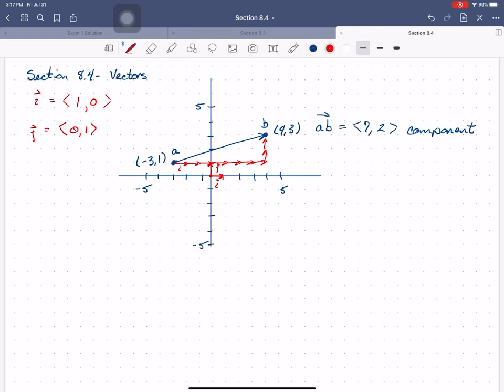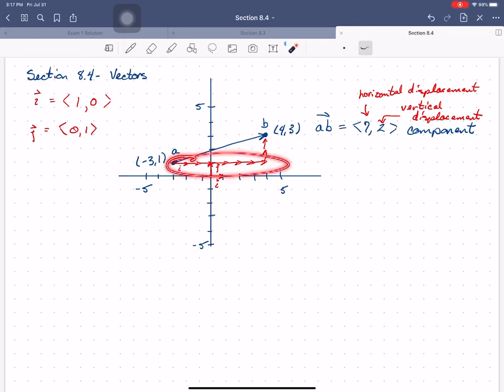And in component form, we describe the horizontal displacement and we describe the vertical displacement. Now, we can also write this vector in terms of I and J. So when I did this little notation here, I wrote my vector I 7 times.